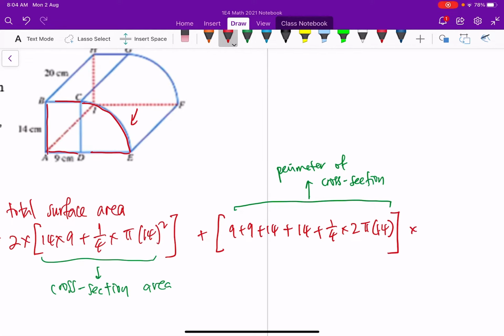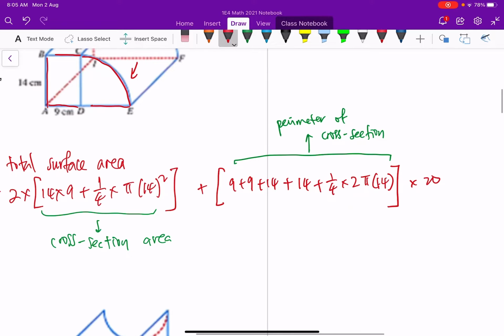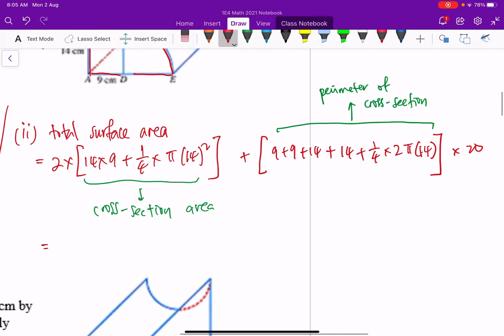Then take this entire thing and multiply by 20. So what do we get here? We should get 1920 cm square, rounded off to 3 significant figures, if you key everything into your calculator correctly.